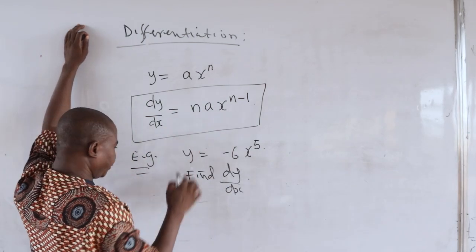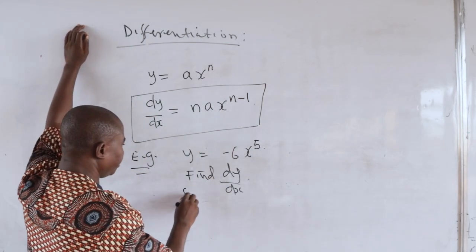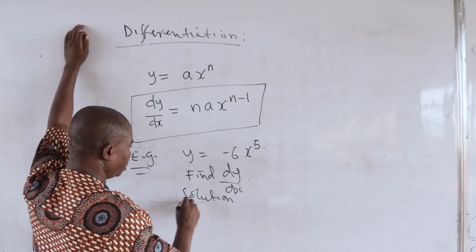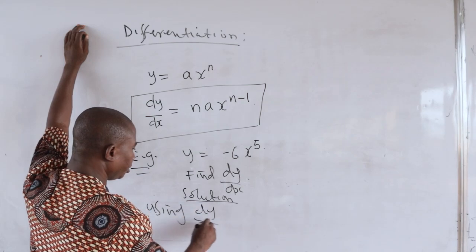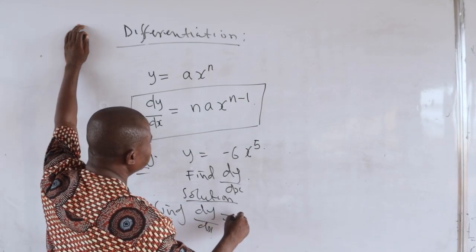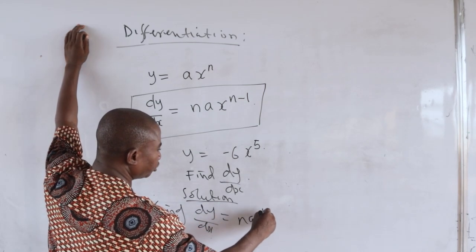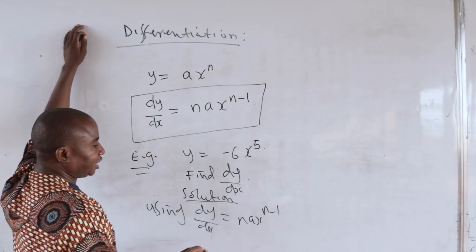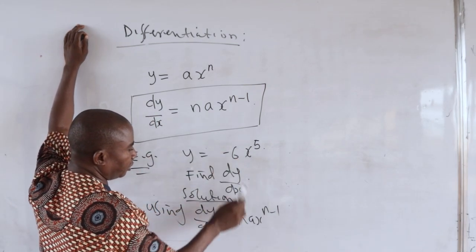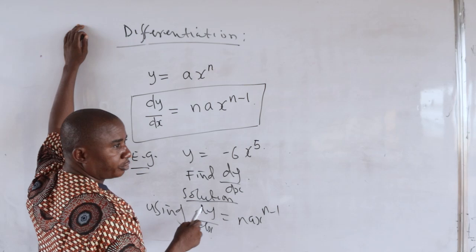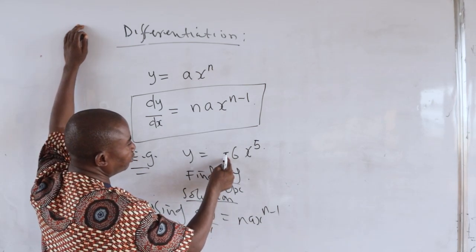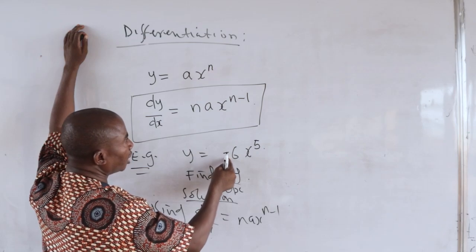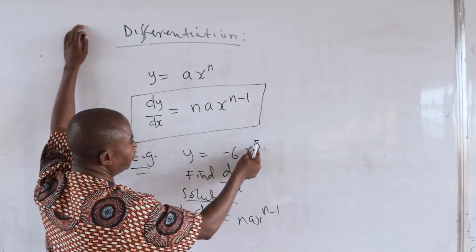By applying this formula, we simply have, so using dy by dx is nax raised to power n minus 1. We identify who our a is in this problem, who our n is in this problem, and then we fix in. So you can see that our a is minus 6, our n is 5.